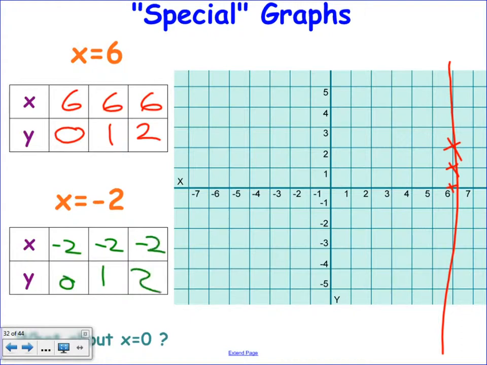Anything? Don't care. Right? I go minus 2, 0, I've got minus 2, 1, and I've got minus 2, 2. So can you see, when x equals a value, what it draws is a vertical line through that number. Yeah? Does that make sense?